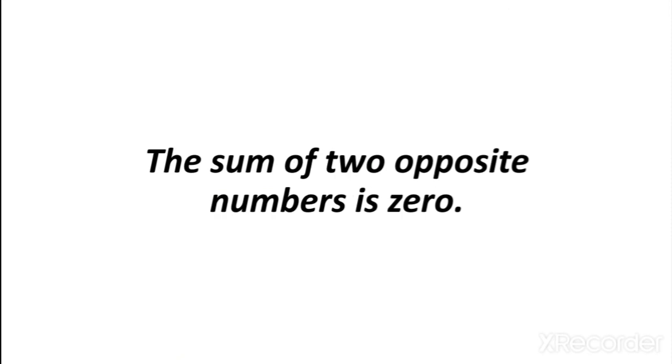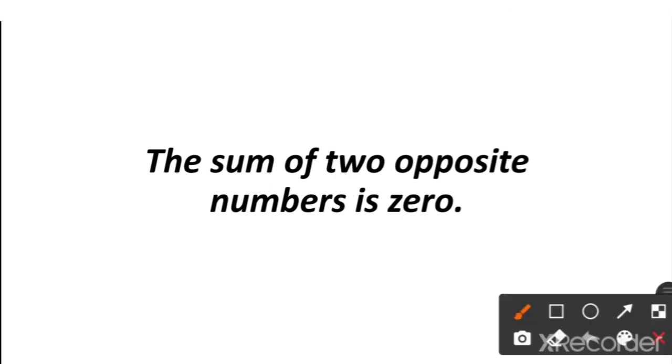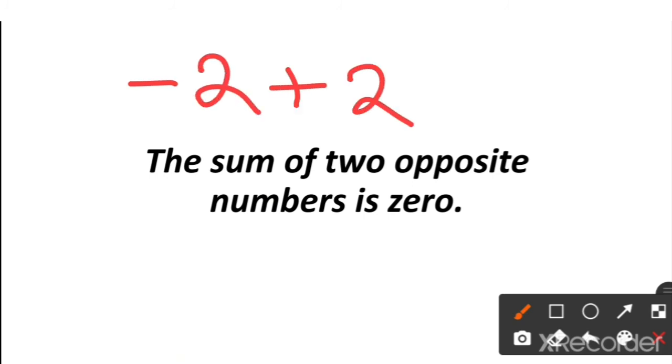Now the sum of two opposite numbers is 0. How? See, when we do minus 2 plus 2, because they do not have the same sign, minus 2 has the negative sign, plus 2 has the positive sign, we compare both 2 and 2. We get both are equal, right?